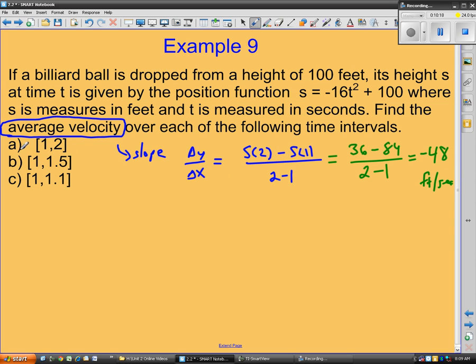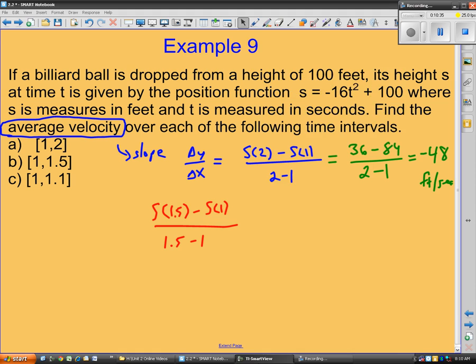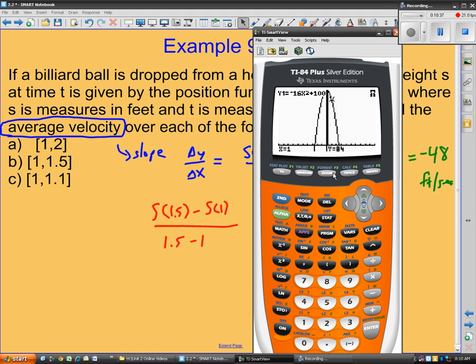So this time it's s of 1.5 minus s of 1 over 1.5 minus 1. I already know what s of 1 is. It's 84. But I need to find out what s of 1.5 is, so I'm going to use my graph again. And this time I'm going to do value at 1.5. And it tells me it's 64.